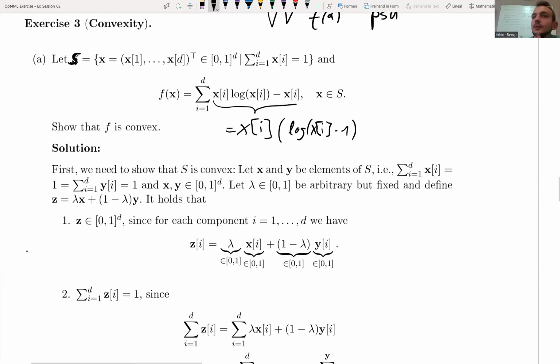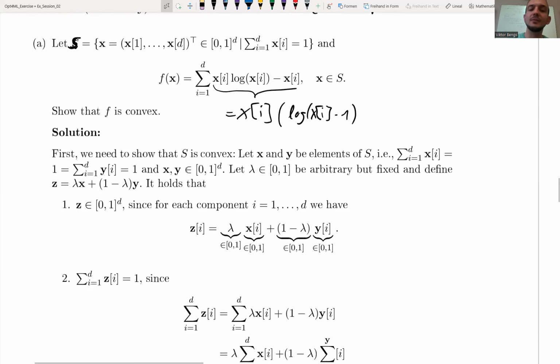All right, and now we want to show that this is convex. And here, this is now important. Before we had a much easier life because our domain was obviously convex, but now we have to check whether this is indeed true.